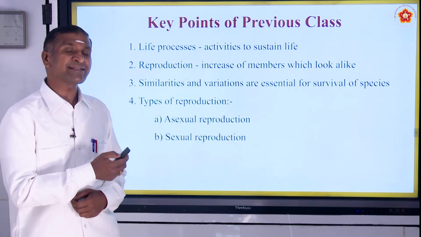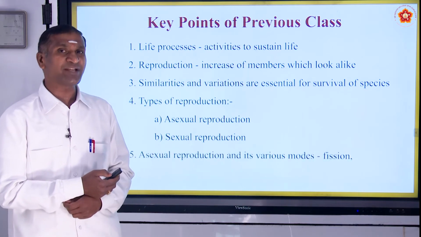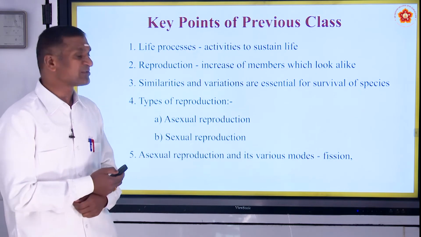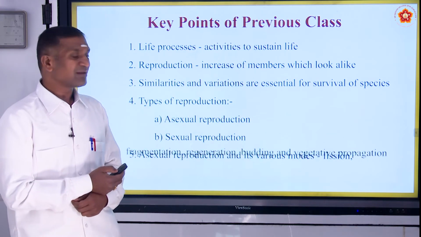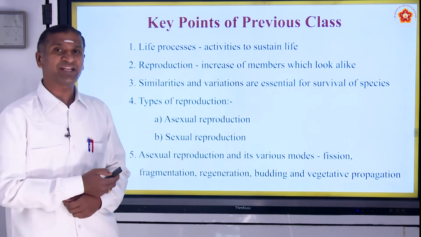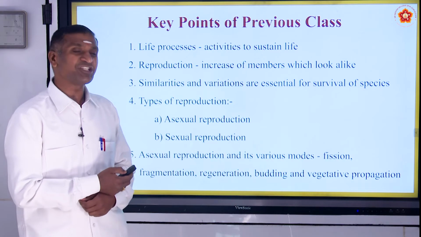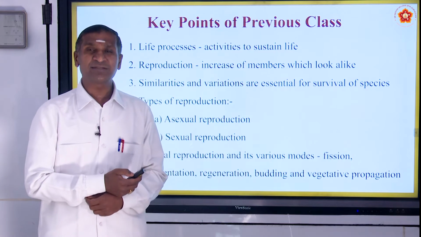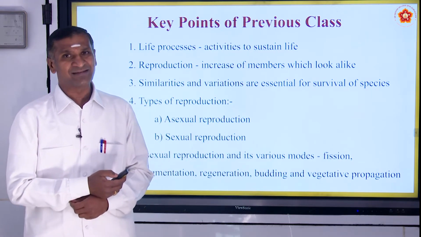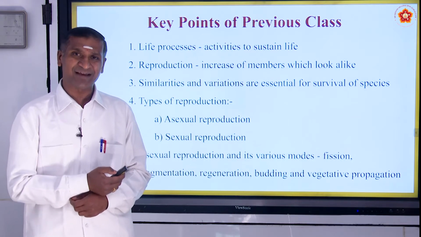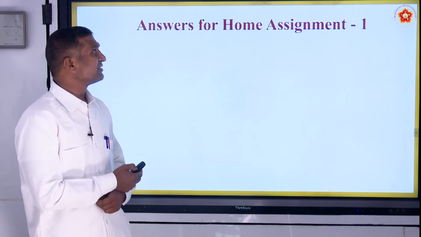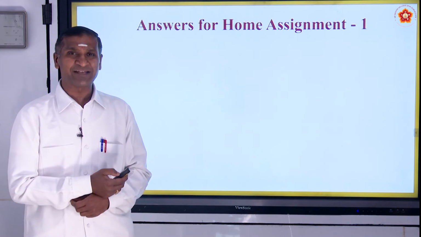We discussed in detail in part 1 about asexual reproduction and its various modes: fission, fragmentation, regeneration, budding, vegetative propagation and spore formation are the 6 varieties of asexual reproduction at the 10th class level, which we understood in our previous class. Now let us check out the answers for home assignment 1.